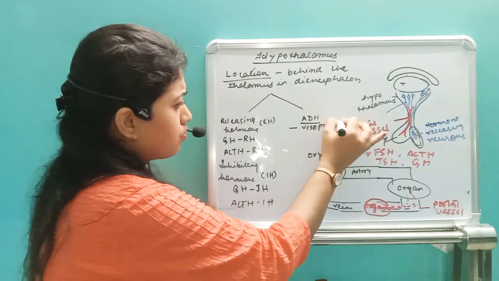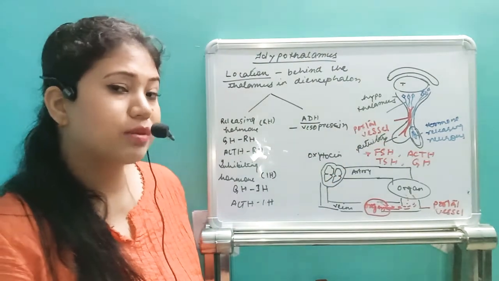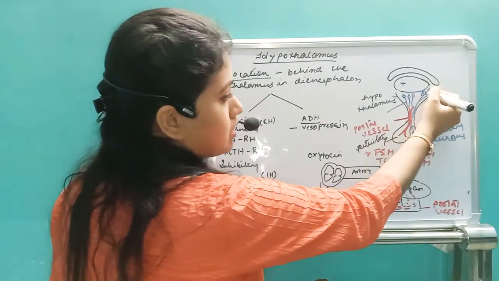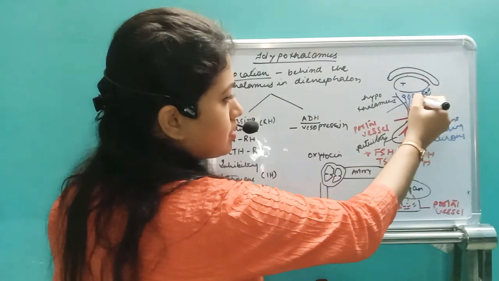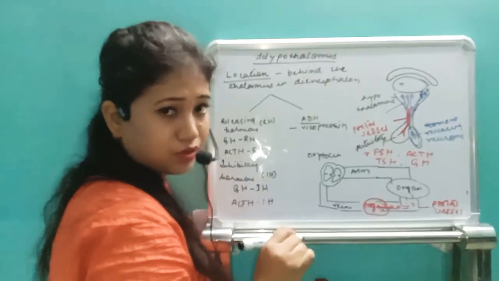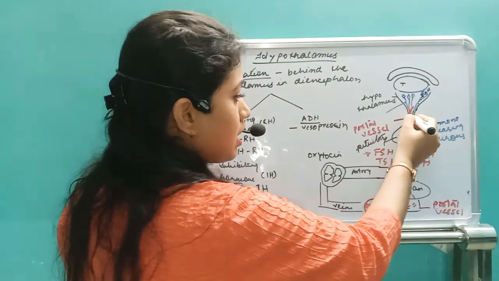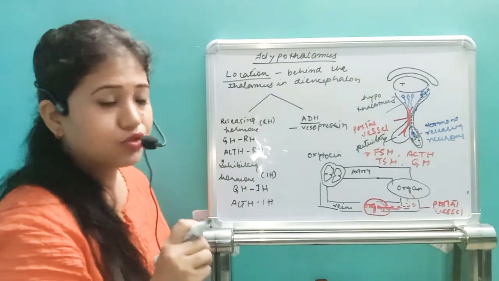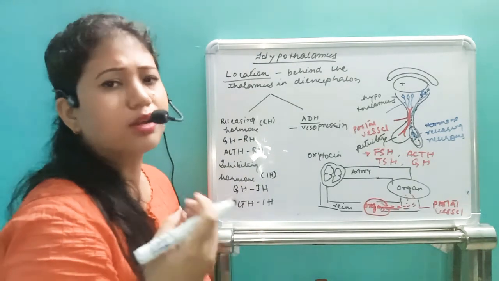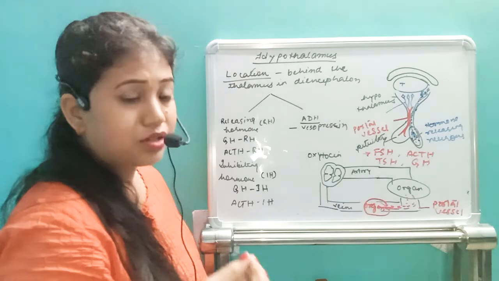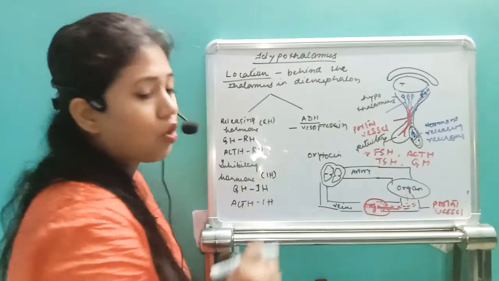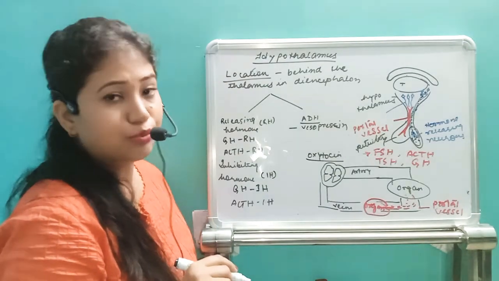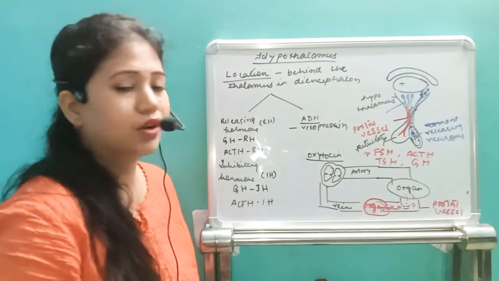Remember one thing: vasopressin and oxytocin are secreted by the hypothalamus, but this part of the pituitary gland will just store the hormones. So this pars nervosa, or the posterior pituitary gland, will release ADH and oxytocin, but it does not secrete them. Who is going to secrete them? The hypothalamus itself.